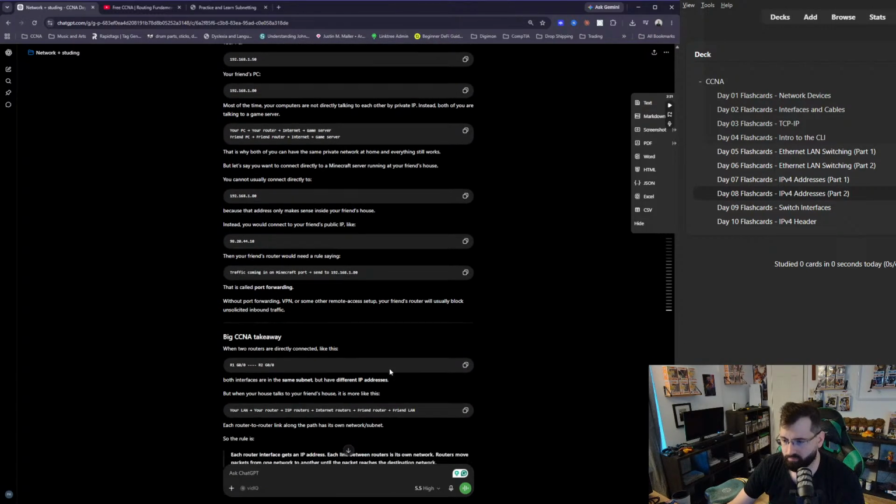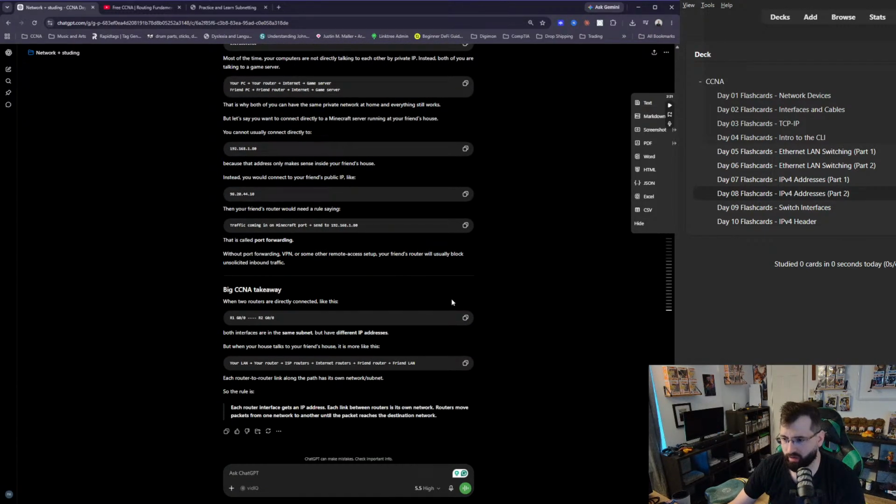Okay. Big CCNA takeaway. Your friend's router needs a rule called port forwarding. Without port forwarding, VPN, or some other remote access setup, your friend's router will usually block unsolicited inbound traffic. Interesting.